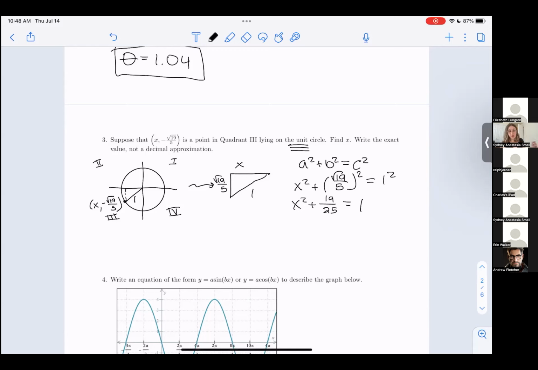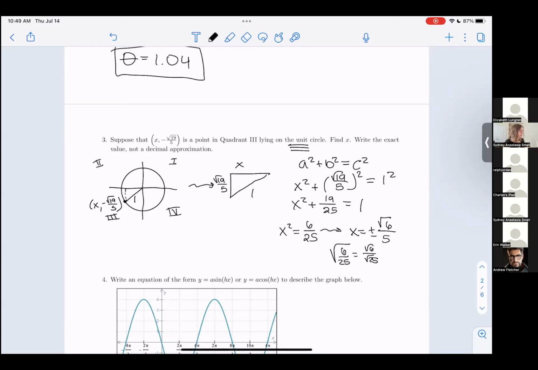Subtracting 19 over 25 from both sides to get x squared by itself, we get that x squared is equal to 6 over 25, and taking the square root, we know that x is equal to plus or minus the square root of 6 over 5. And that just came from the square root of 6 over 25 is equal to the square root of 6 over the square root of 25, and the square root of 25 is 5.